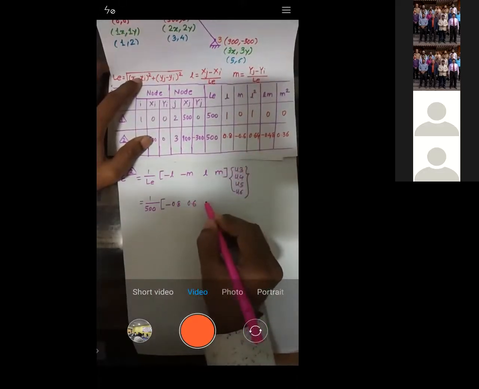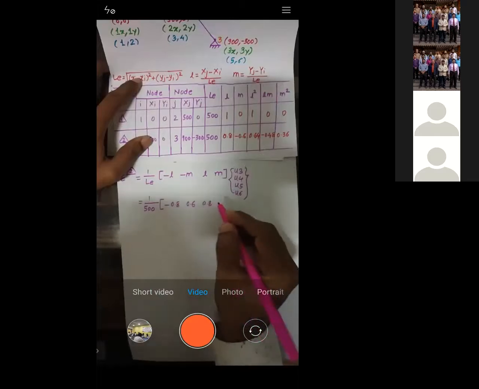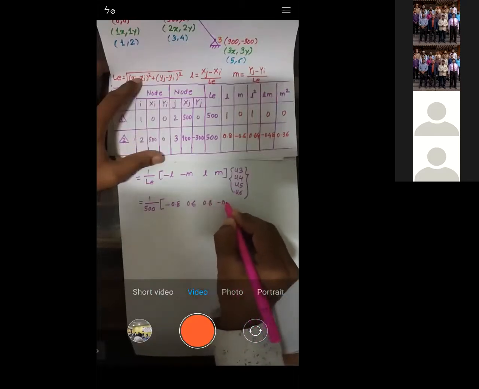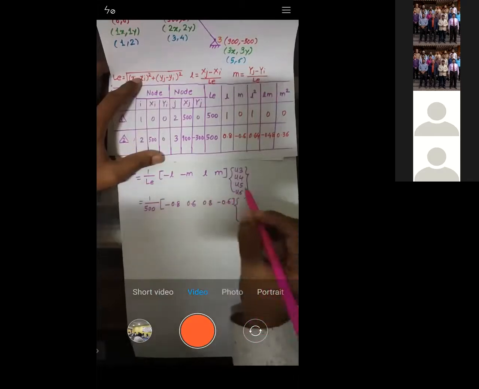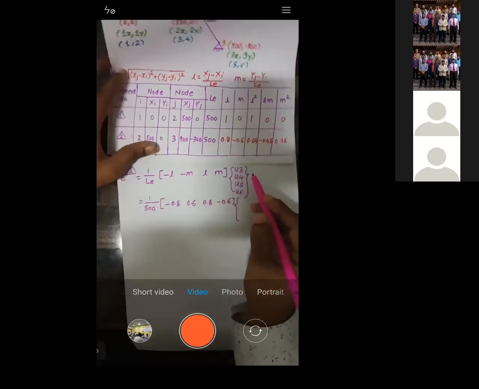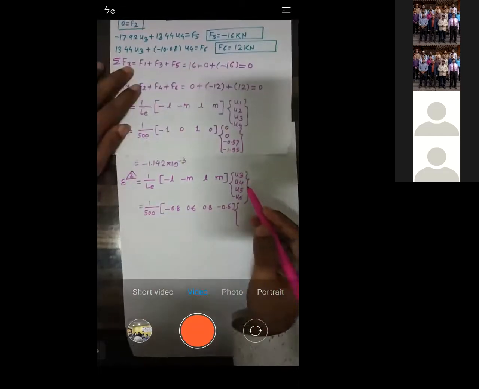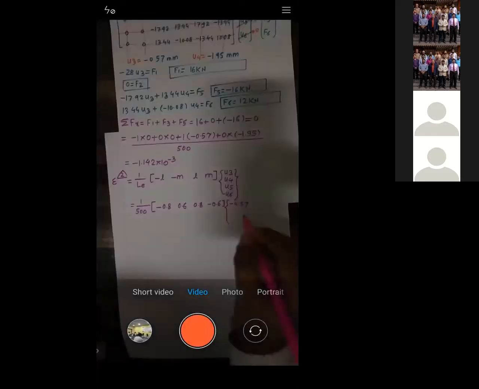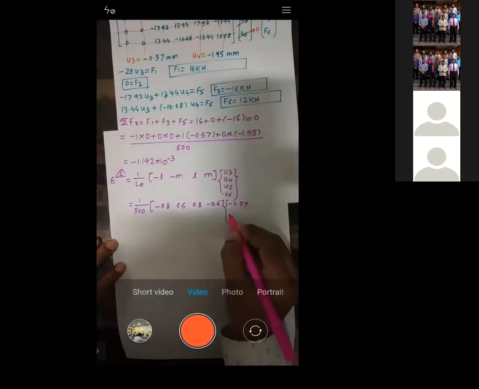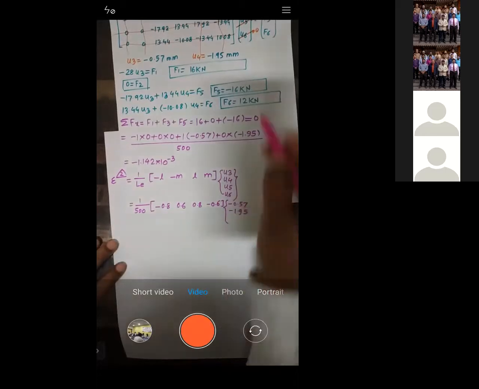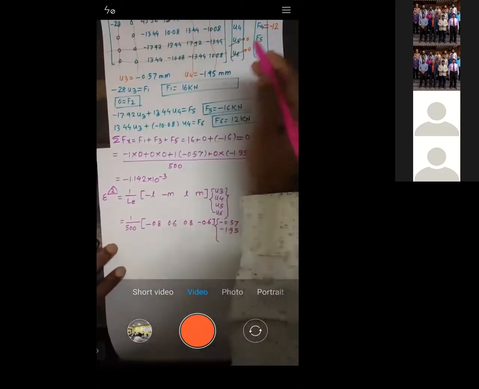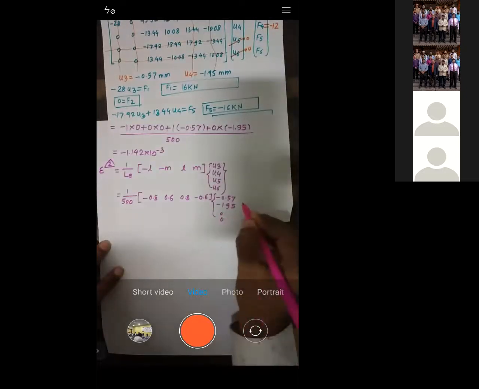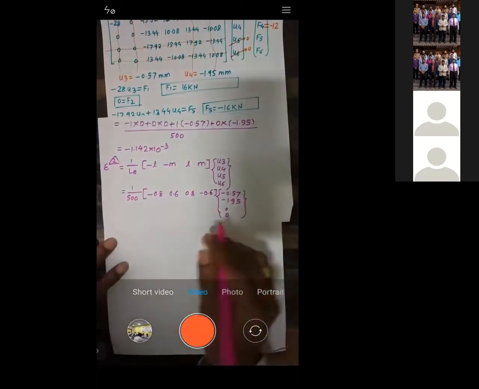Then L comes as 0.8, M is minus 0.6, into U3, U4, U5, U6. We have already calculated U3 and U4: U3 is minus 0.57 and U4 was minus 1.95. What are U5 and U6? You can check, they are 0.